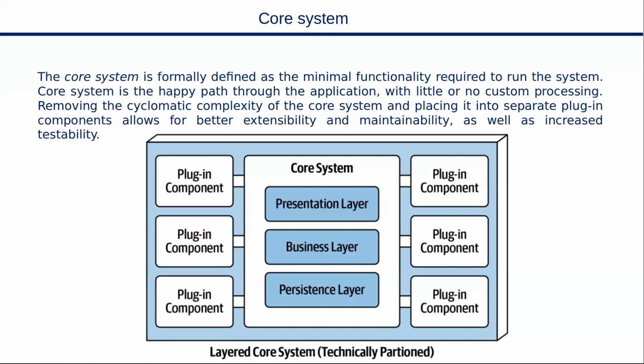Also, you can split the presentation layer as a user interface and core system, and also add plugins to the user interface component. So in this case, it's still possible to design the system so that you use such an approach not only for the backend side, where there is the business logic with a plugin component, but you can also put some functionality in a separate deployment unit and use a plugin component as a front-end part.